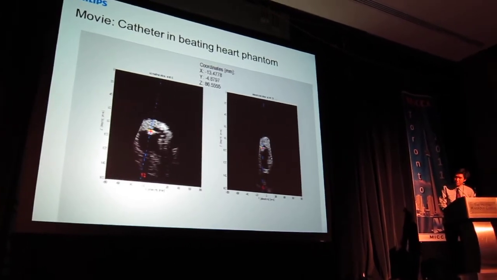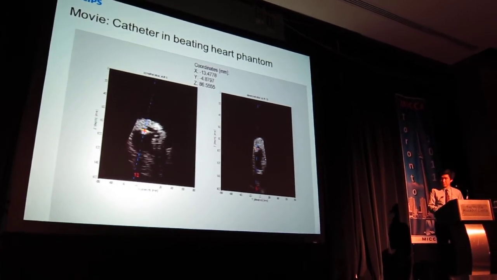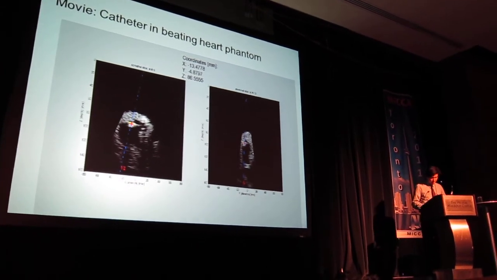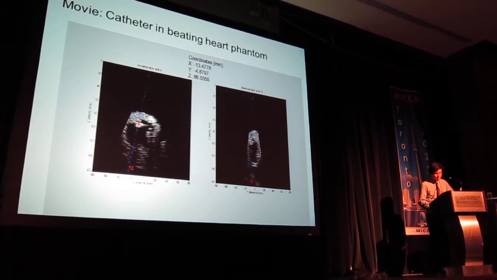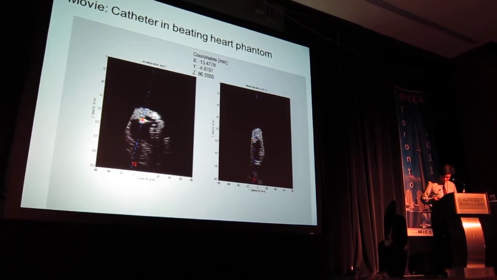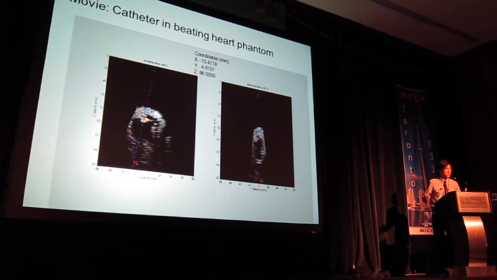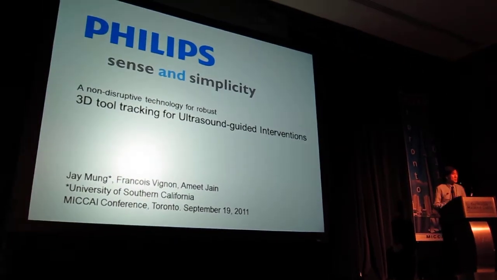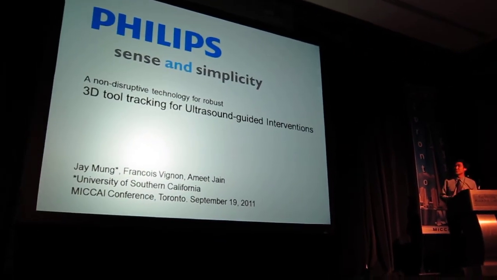But what's different about this view is now you can see unambiguously the tip of the catheter as it moves in and out of the chamber. So that's pretty much my work in a span of about 90 seconds. But because I have another 10 minutes or so with you, I'll give you the rest of the story.